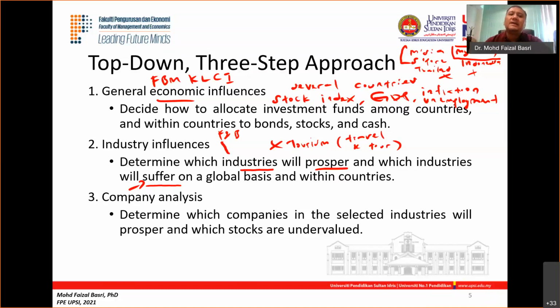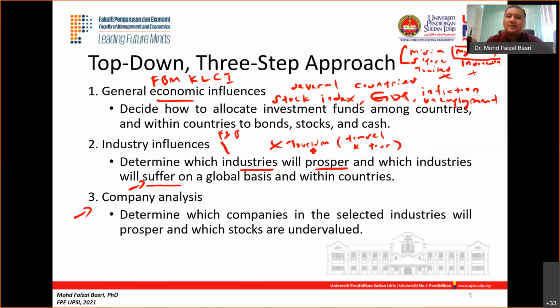And from there, lastly, you do the company analysis. This company analysis will be discussed in topic number 5. It will determine which companies will be selected based on the industry from step number 2.